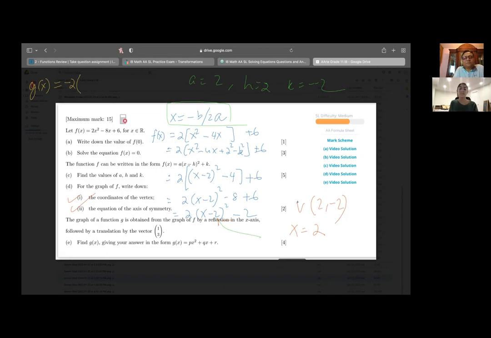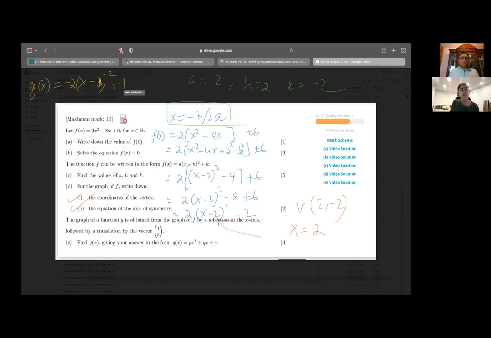And now with vector notation, the 1 on the top means a horizontal translation, 1 to the right. That means we write it as minus 1. So it would be minus 2(x - 2 - 1) squared minus 2, which is minus 2(x - 3) squared.